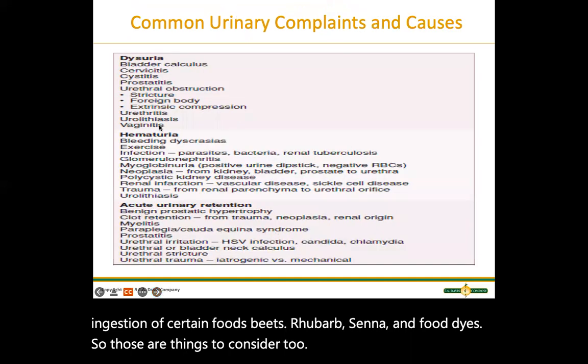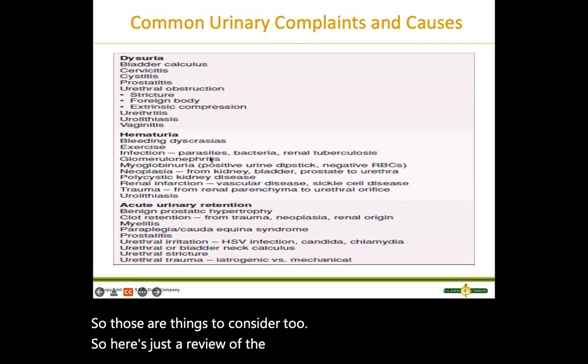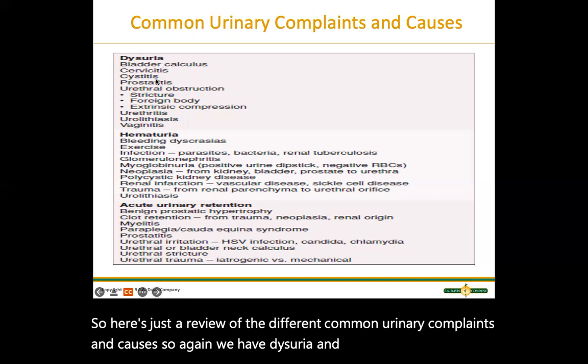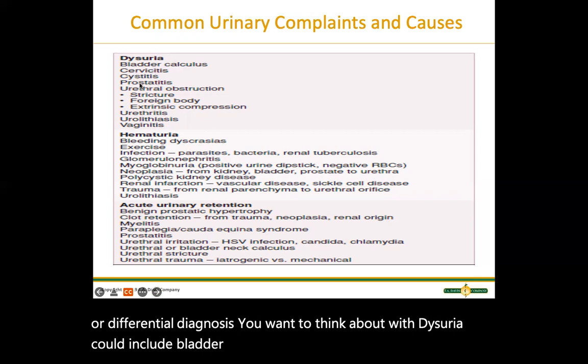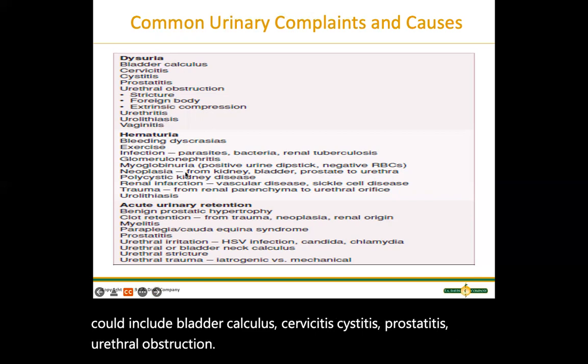Okay, so here's just a review of the different common urinary complaints and causes. Again, we have dysuria, and differential diagnoses you want to think about with dysuria could include bladder calculus, cervicitis, cystitis, prostatitis, urethral obstruction, urolithiasis, vaginitis.